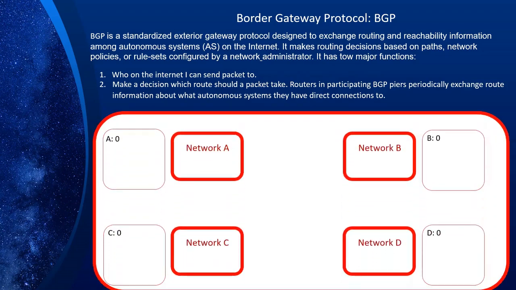So this is a very general overview of what BGP is. Obviously in depth, this is a very complicated system, but just for our understanding in the context of Kubernetes and Calico. So let's say there are 4 networks that are not connected together yet through BGP, and each network only knows about its own route. So A only knows about A, C only knows about C, and so on.